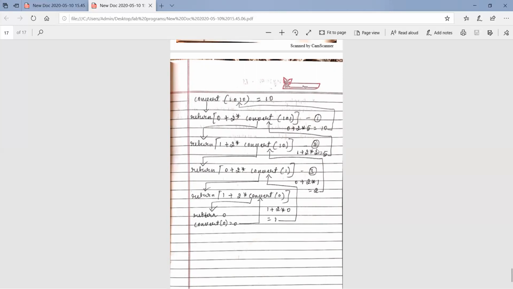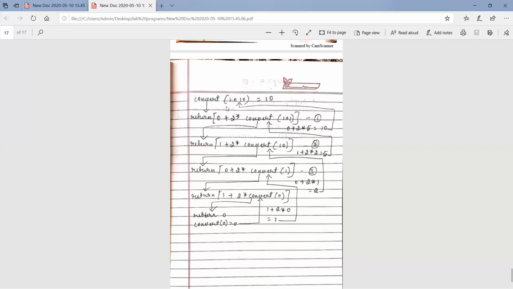Finally that should be returned back to its calling function, and here we need to substitute that 2 value. So that becomes 1 plus 2 star 2, convert of 10 is 2. So 2 star 2 is 4 plus 1 is 5. That answer is returned back to the result 1. Here we substitute 5 in that equation, so it becomes 0 plus 2 star 5. 2 star 5 is 10.